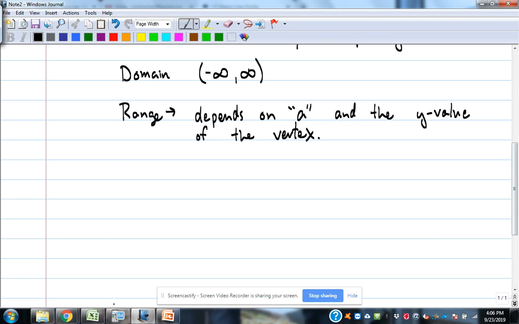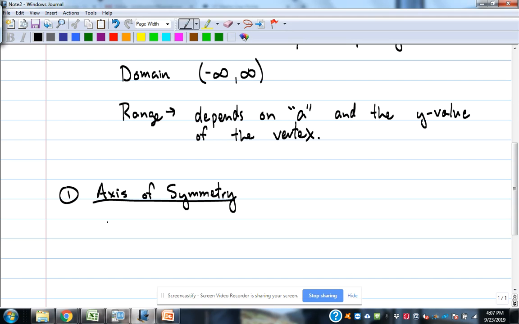So let's talk about the different pieces that we're going to try to find when it comes to quadratic functions. The first piece is what's called an axis of symmetry. When we talk about an axis of symmetry, we're saying, where can I fold this parabola and get it to match up perfectly on each side?